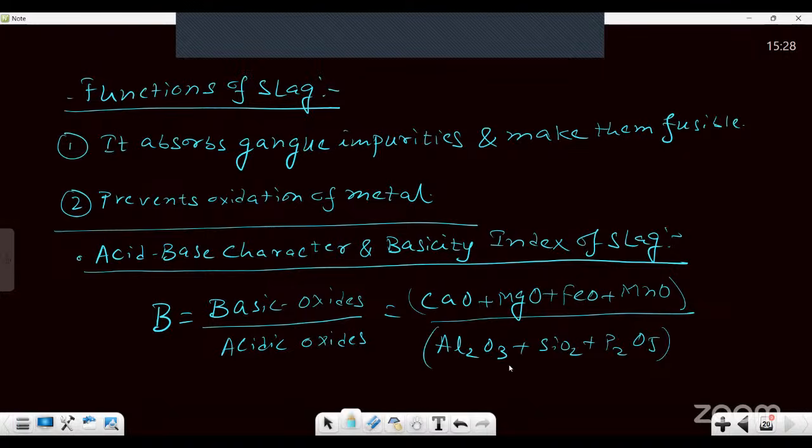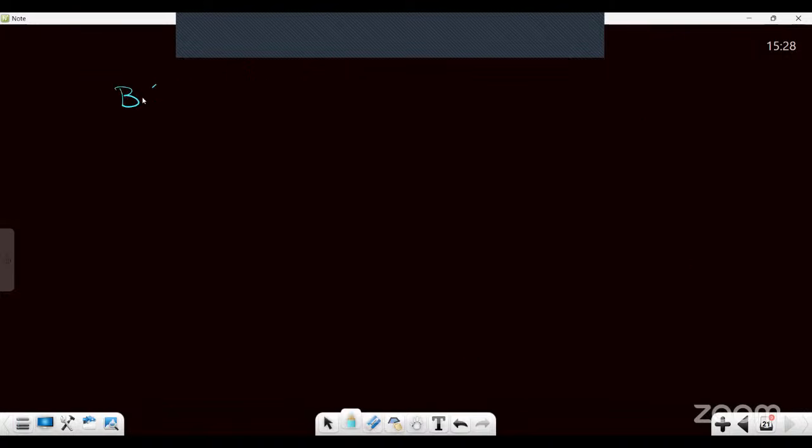So, if the basicity is less than 1, I will call it acidic slag. If the basicity is greater than 1, I will call it basic slag. So adjusting the basicity helps control the type of impurities removed. Now, this we have understood so far.